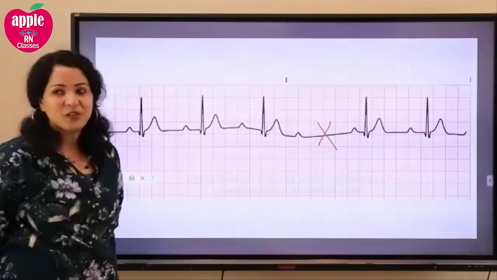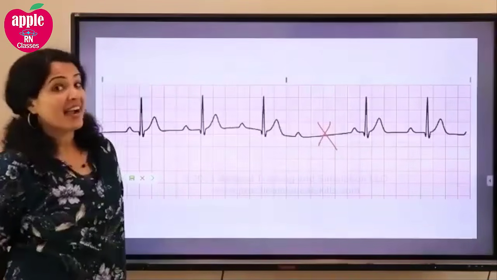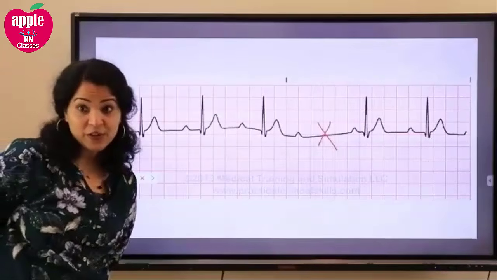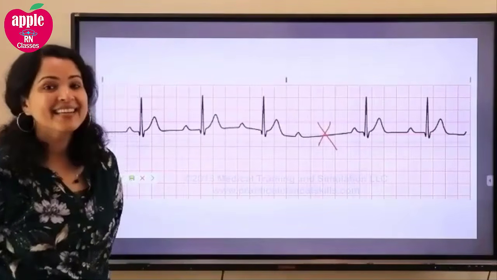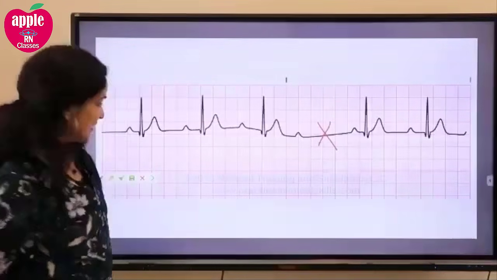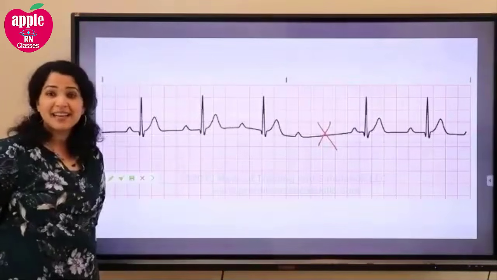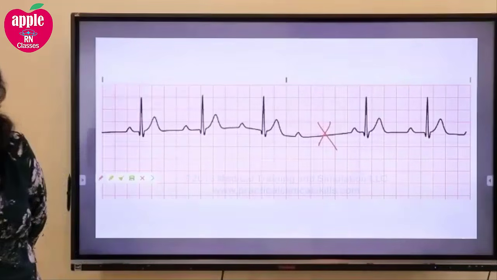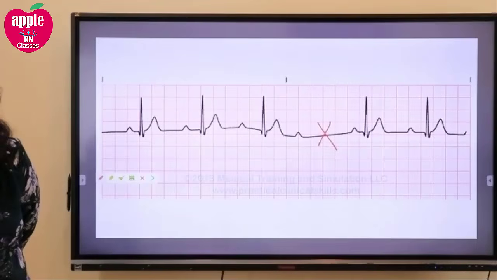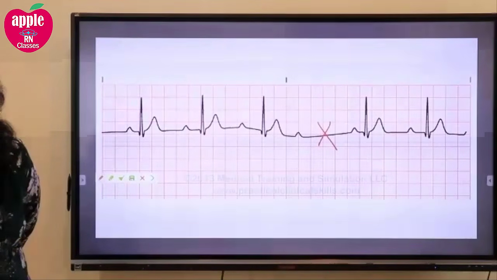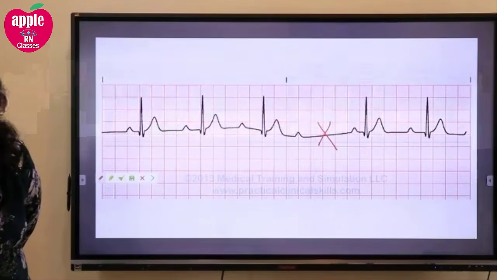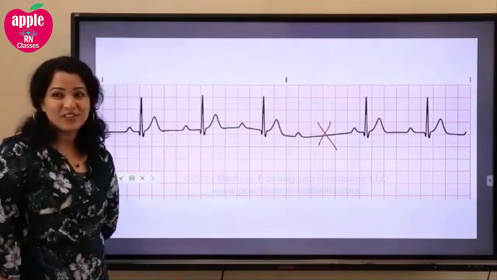Second degree, sure, this is second degree. Which type? How do we know? We will look at the PR interval. Good job. So how does the PR interval look? I see some of the answers coming. Second degree, type 1. Very good, very good. I think most of you are getting it.